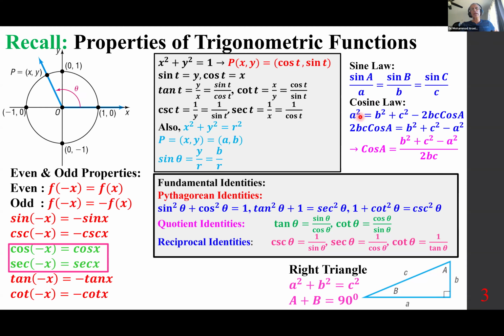The cosine law says a squared equals b squared plus c squared minus 2bc cosine a. If you rearrange it, you can find cosine a as b squared plus c squared minus a squared over 2bc. And reminding you, a circle centered at 0, 0 is x squared plus y squared equals r squared. Centered at h comma k, it is x minus h quantity squared plus y minus k quantity squared equals r squared.